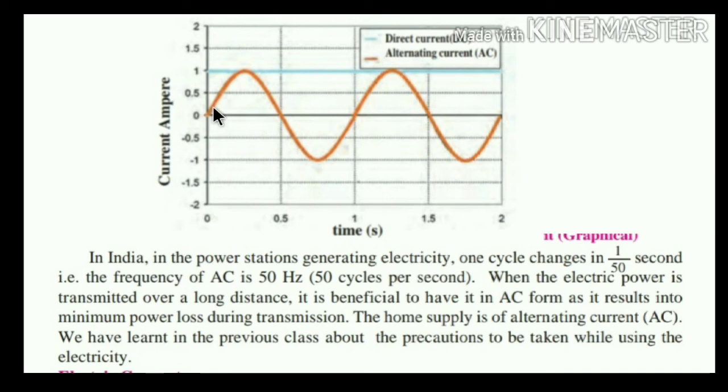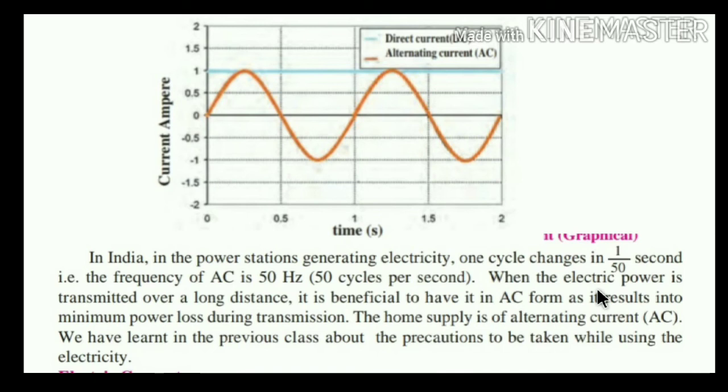This is one cycle. This is from 0 to maximum, again 0, to the other side maximum, again 0. This is the completion of one cycle. Like this, 50 cycles are completed per second.